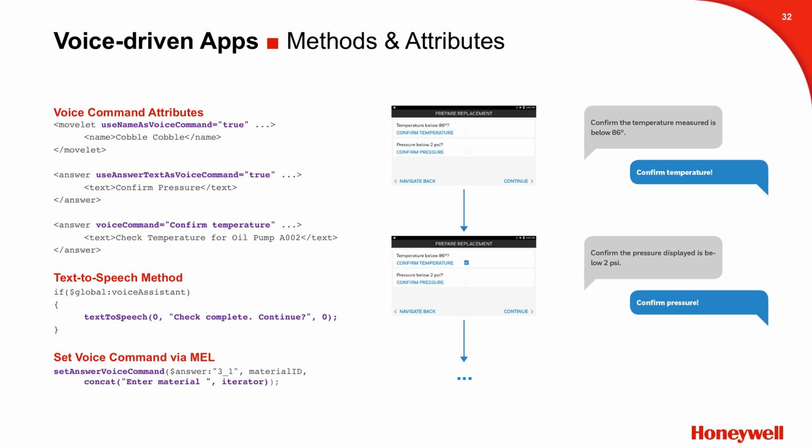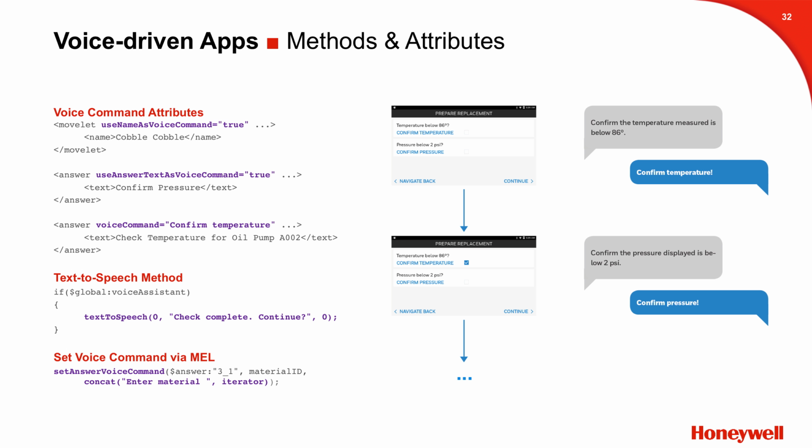We also have the text-to-speech method that we used in that conversational UI approach, where you can trigger a text-to-speech in many ways. For example, check complete, continue, in this snippet right here. And you can set voice commands via mail, like you would imagine.